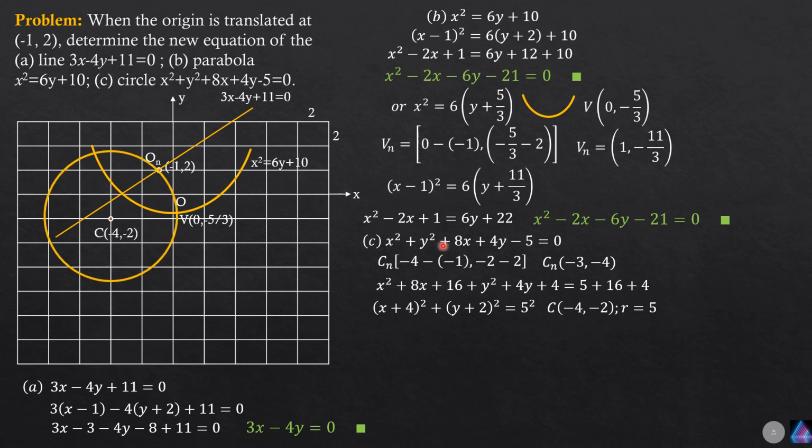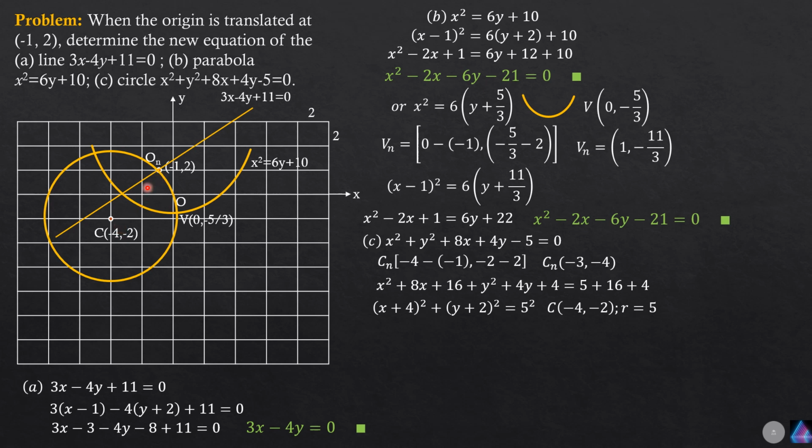So which is that original circle. So this is the circle, center (-4, -2), and it seems it passes through this new origin here at (-1, 2). So it should be free of constant. The equation should be free of constant.